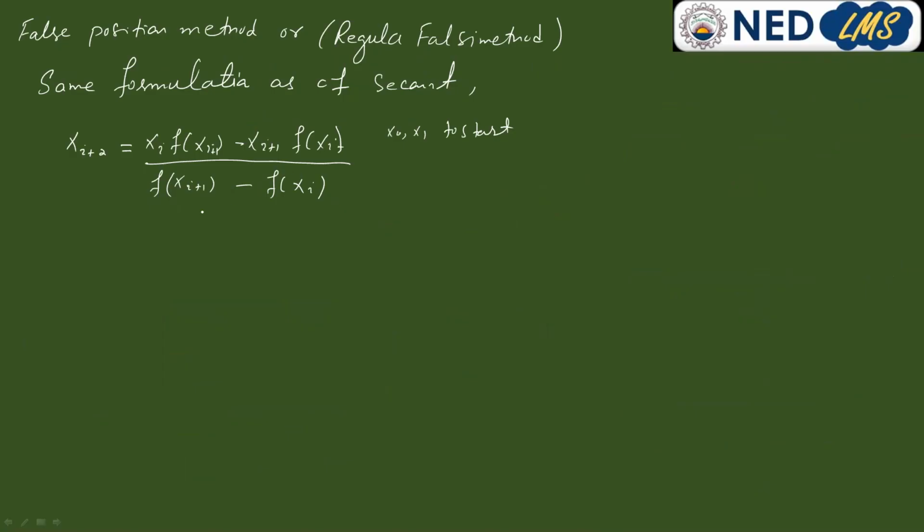But in the false position method or Regula Falsi method, the situation is different. We have to ensure this condition, and this we have already discussed. It is nothing new. For any two consecutive points, f of xi into f of xi plus 1 should be less than 0. Do you remember this condition?